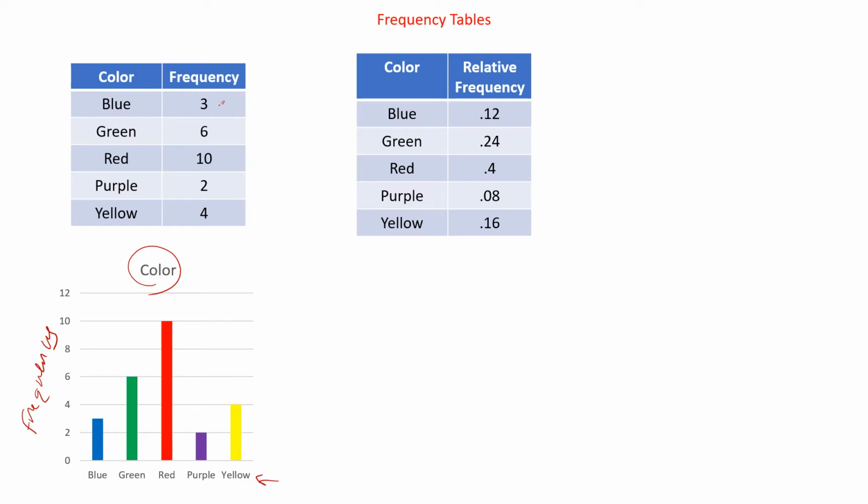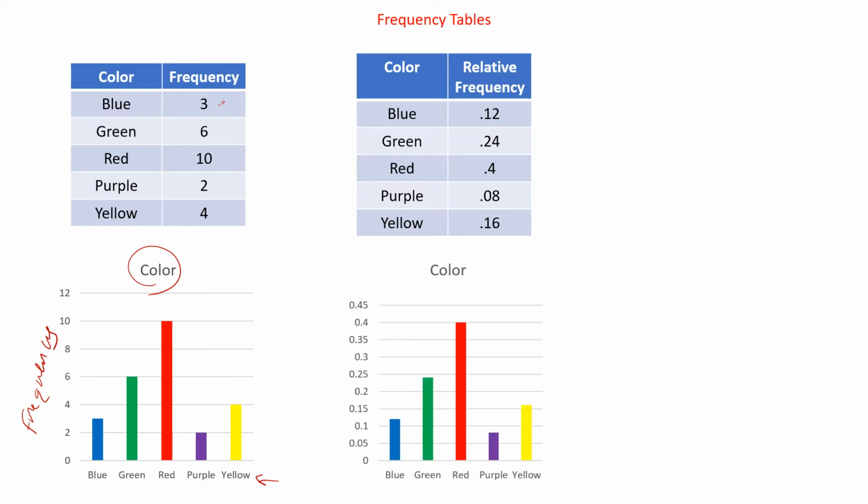The graph of this is a bar graph and it looks identical. The only difference is the y-axis. It's now percentages, or I left them in decimal form instead of the numbers. And this one you'd want to label relative frequency.